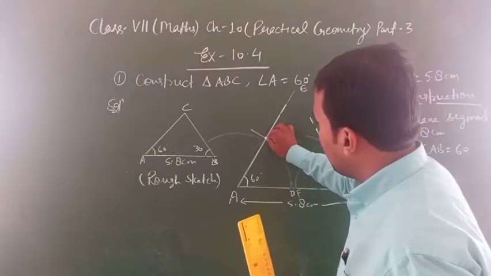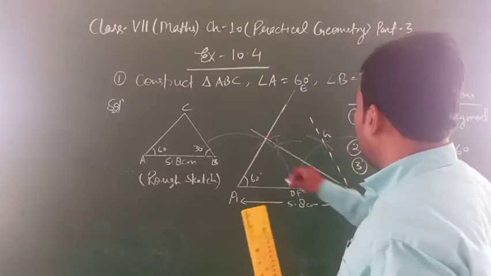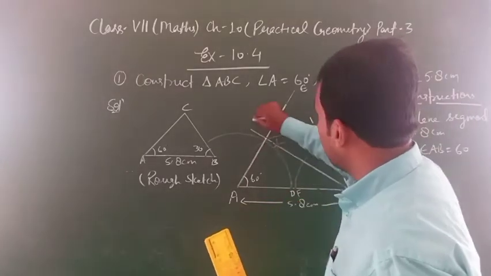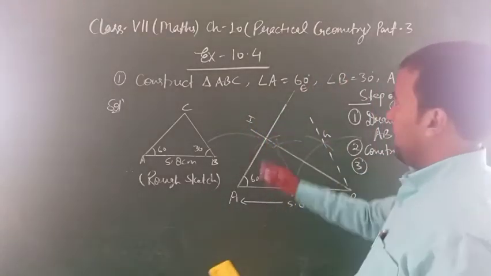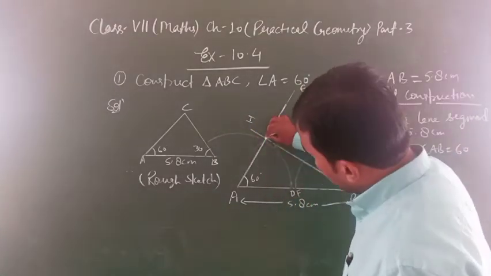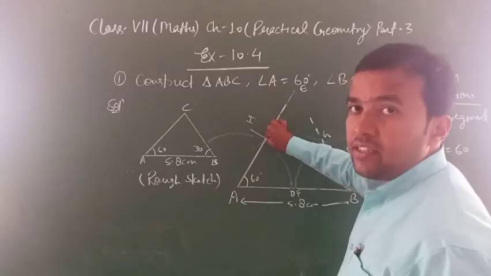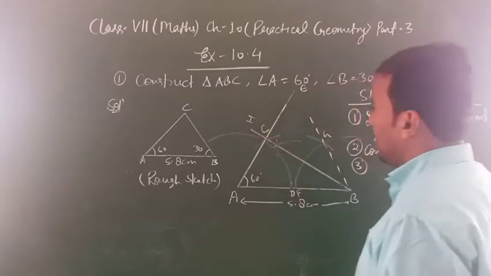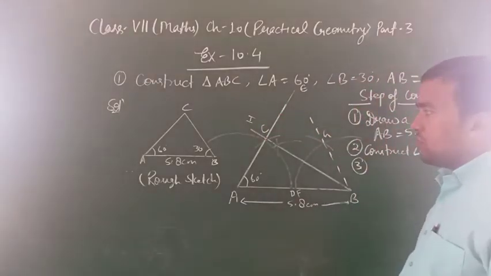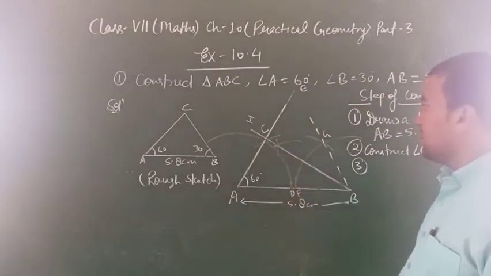And this point is named H. This line is BH. So BH and AE, you will see, cut and the intersect point is here. This point name is C. Clear? Clear to you? This point is C.